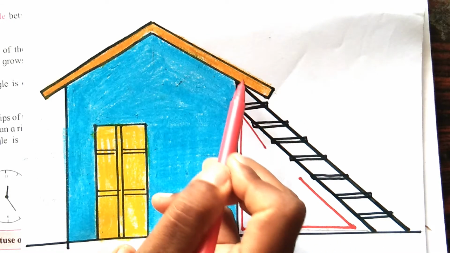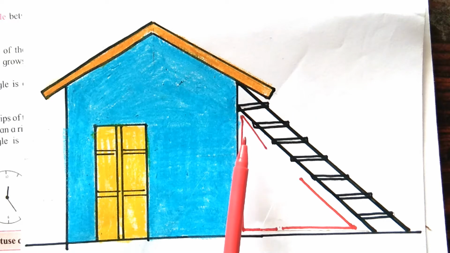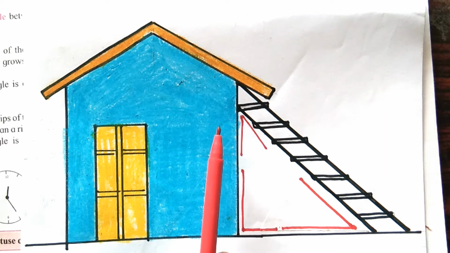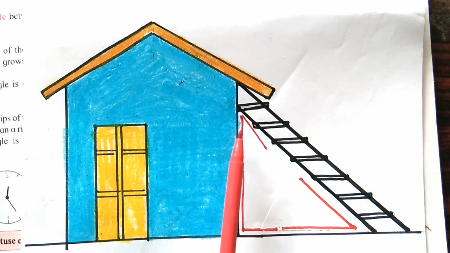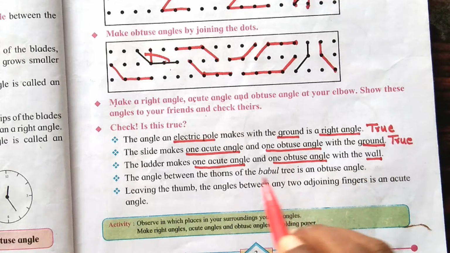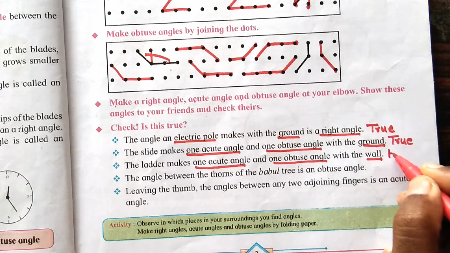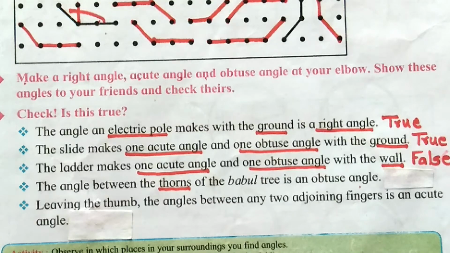But we can't make an obtuse angle. That means only one acute angle we can make from the ladder and the wall. That means the ladder makes only one acute angle from the wall. So this sentence is false. Right. Let's read the next one.